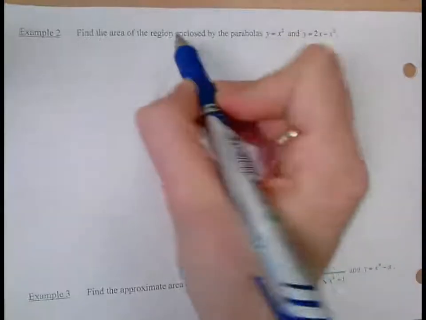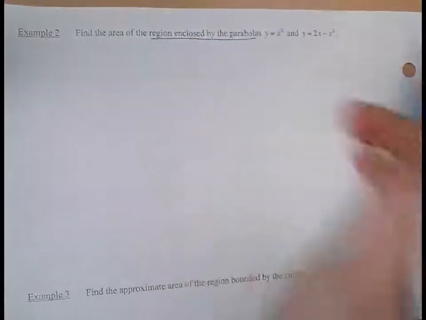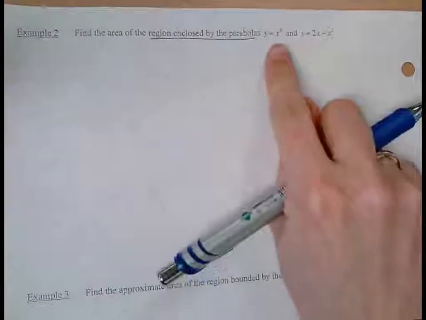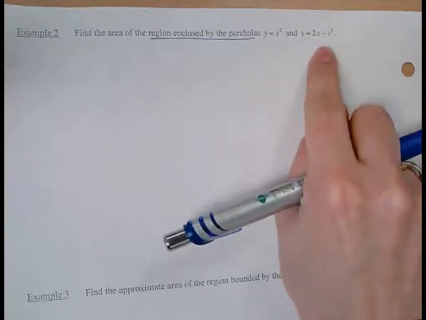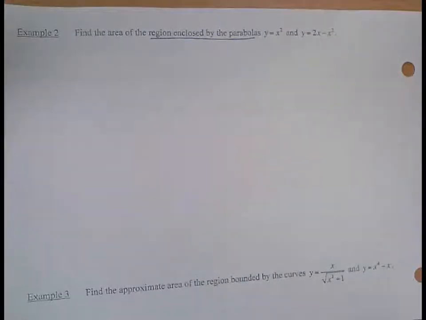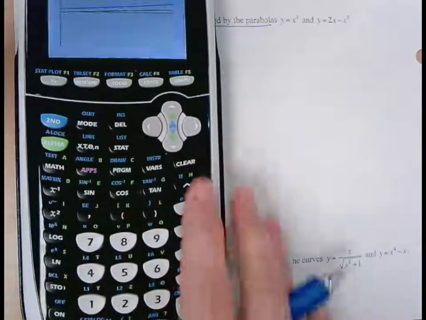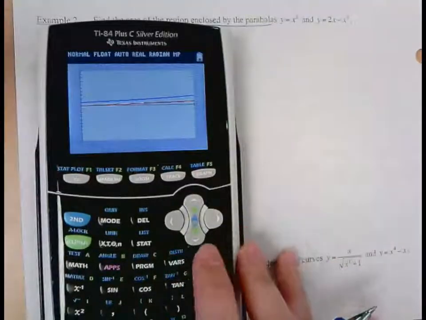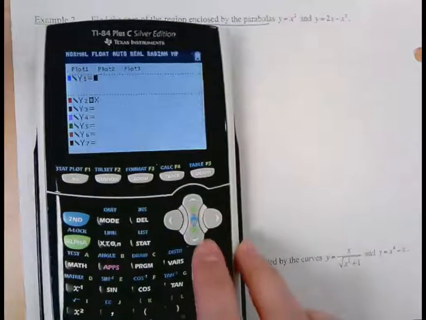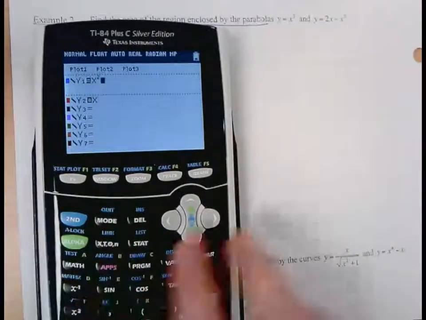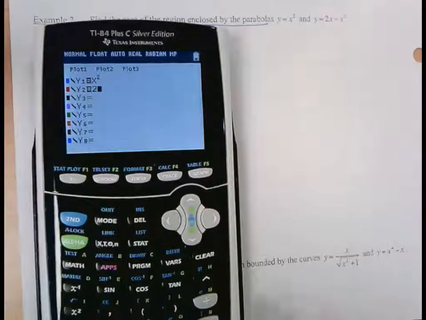So if it says the region enclosed by the parabolas, that must mean these parabolas intersect, and you need to find where they intersect. So I'm going to graph these 2 parabolas, x squared and 2x minus x squared.